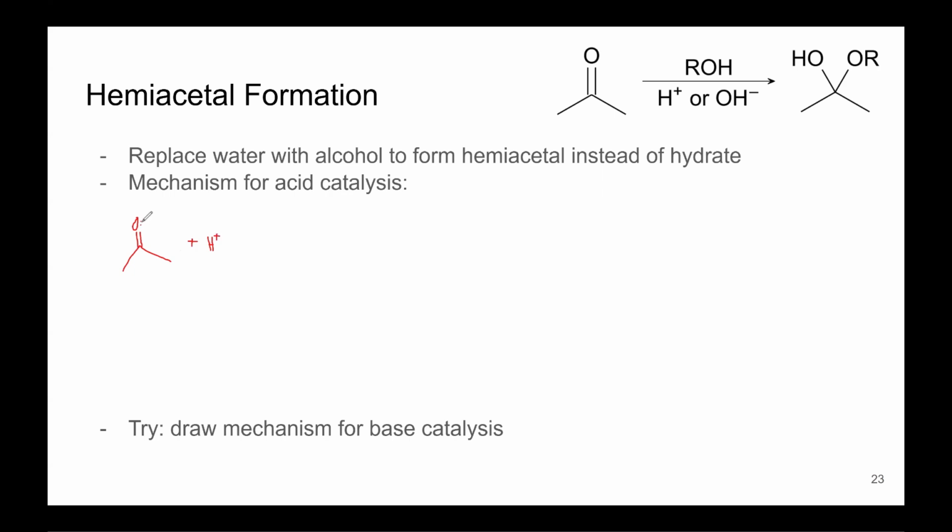Your lone pair on oxygen is going to extract this H plus, giving you this. So this compound would be much more reactive than your starting material, which is just a ketone.